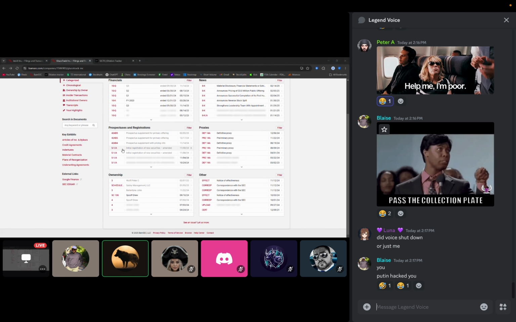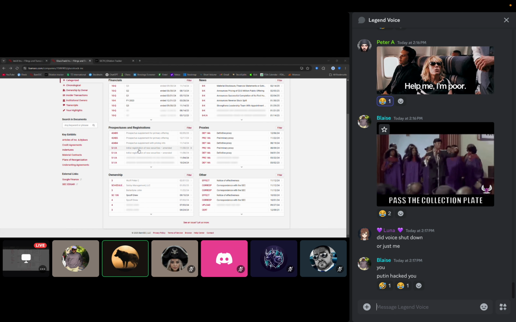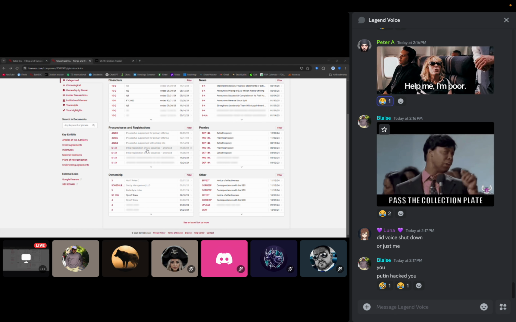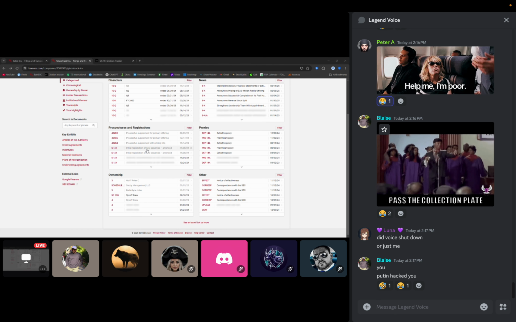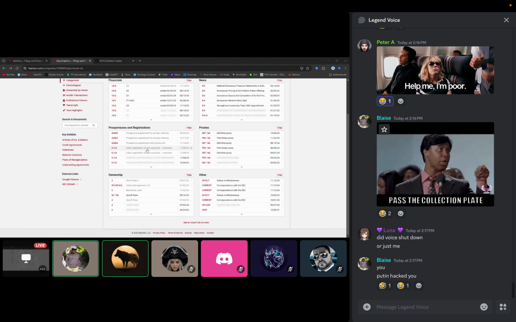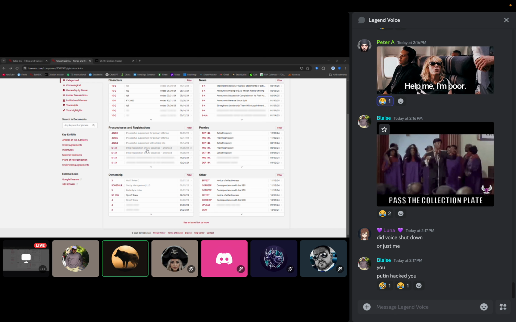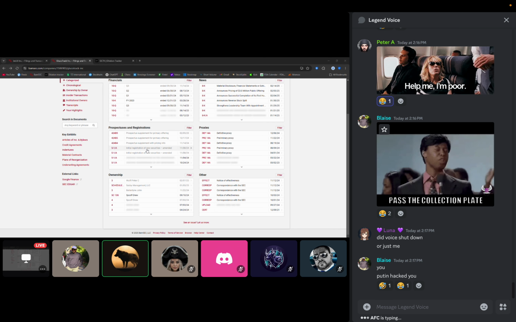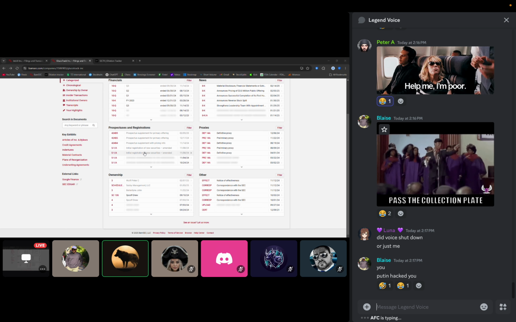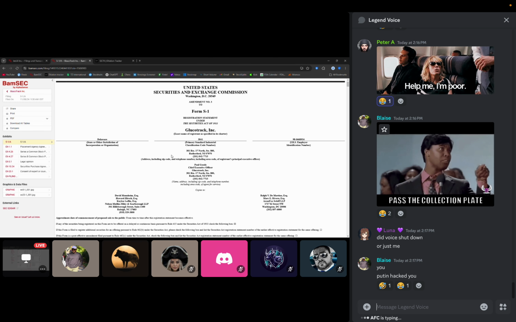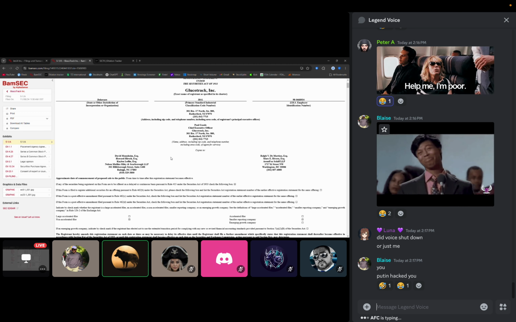So we see here S-1, initial registration of new securities. It means they are issuing new shares into the market. But when people see this kind of S-1 and S-3 filing, that they're issuing new shares into the market, it doesn't mean that this is already happening.